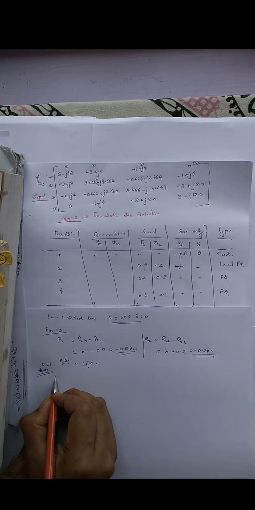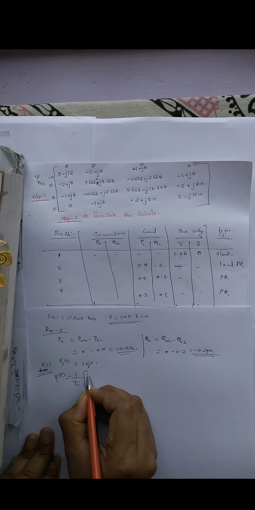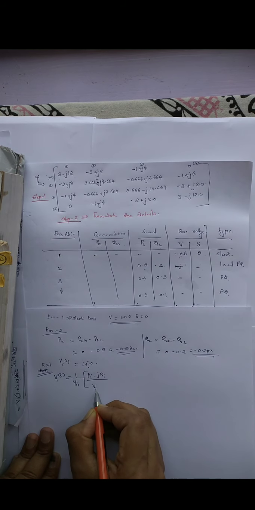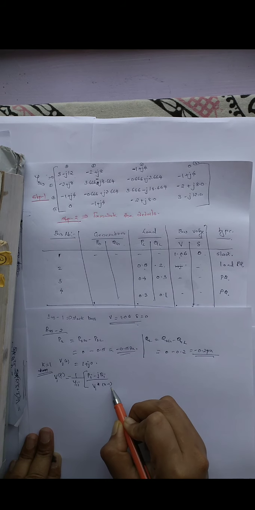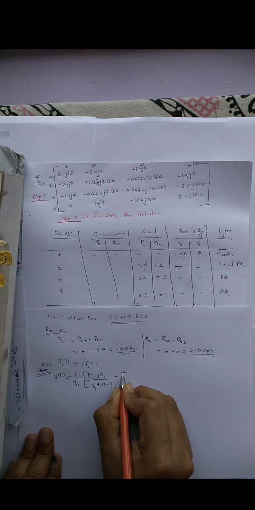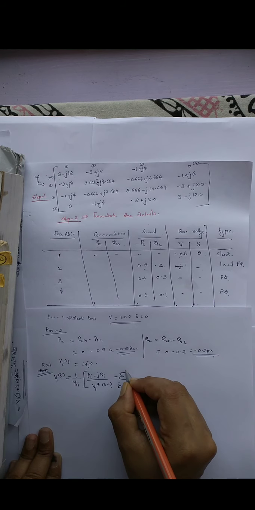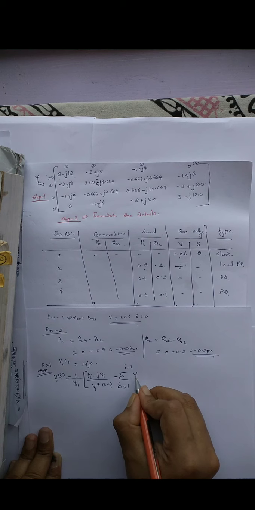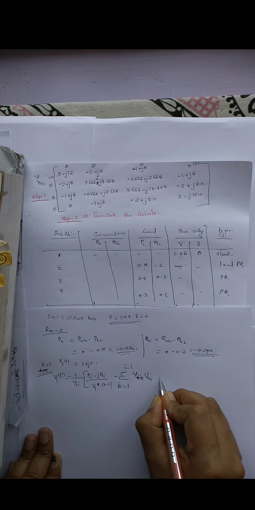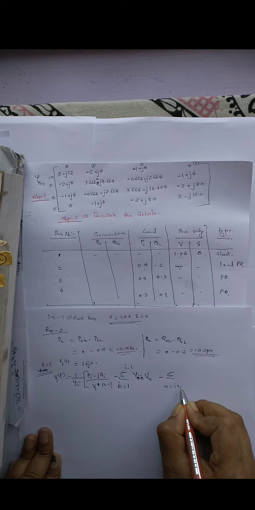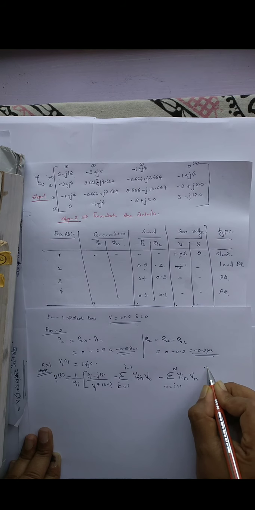I am writing the equation: Vi of the kth iteration is equal to 1 by Yii into Pi minus jQi divided by Vi conjugate of the K minus 1 iteration, minus sigma n is equal to 1 to i minus 1 of Yin Vn, minus sigma n is equal to i plus 1 to capital N of Yin Vn.